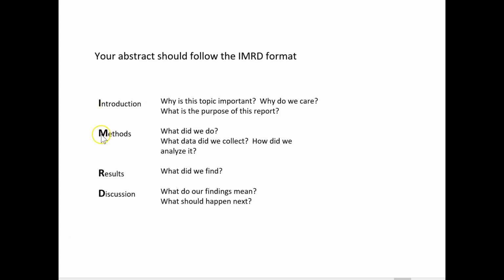IMRAD stands for Introduction, Method, Results, and Discussion. In the introduction, the first one or two sentences of your report should explain what the purpose is. You should say the purpose is to test the relationship between X, Y, and Z, or study the dependencies.